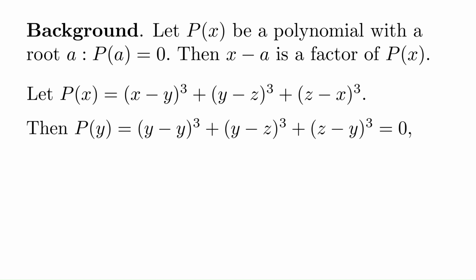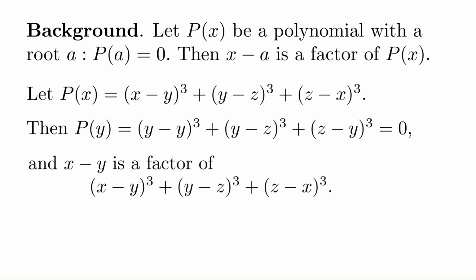For p of y, we plug in y here: it equals (y minus y) cubed plus (y minus z) cubed plus (z minus y) cubed, since x is replaced by y. y minus y is 0, and (y minus z) cubed and (z minus y) cubed cancel out. So p of y equals 0.